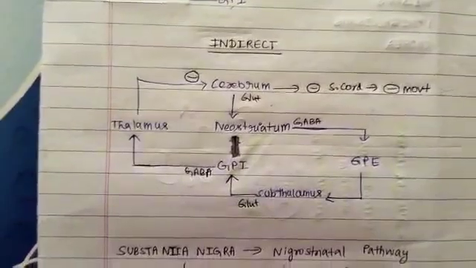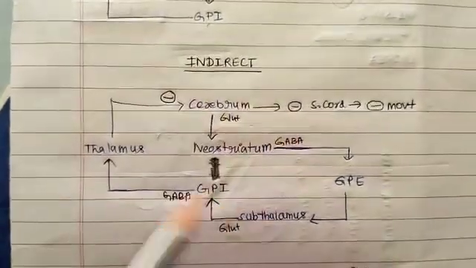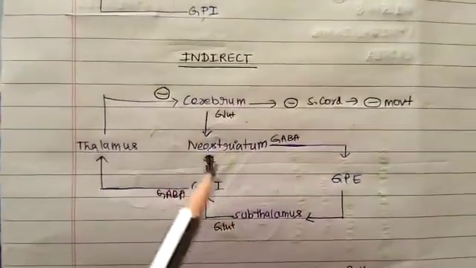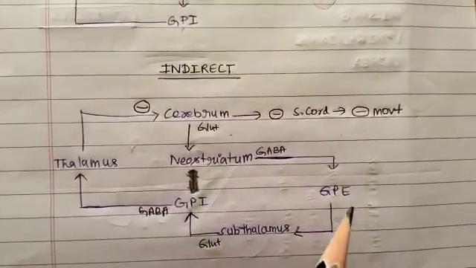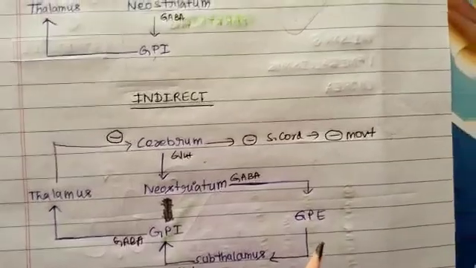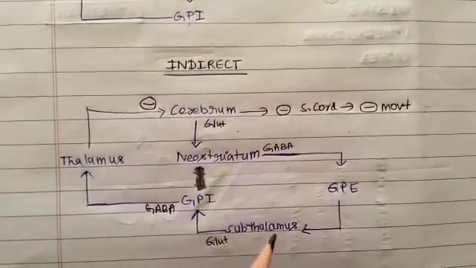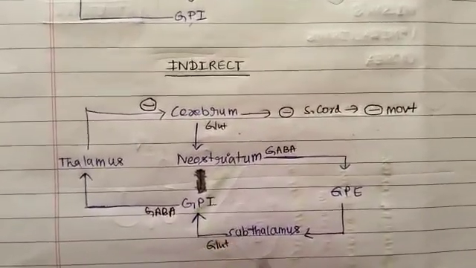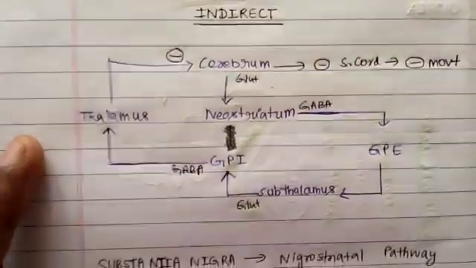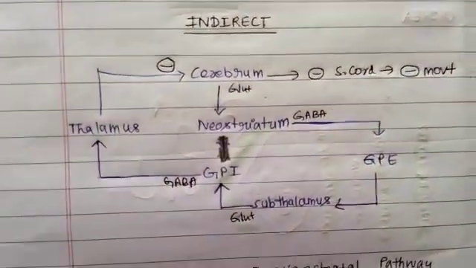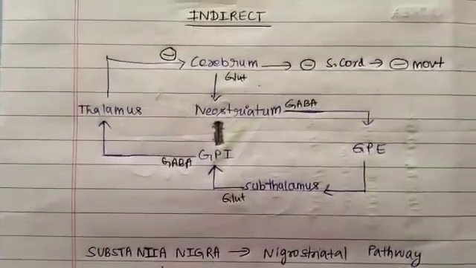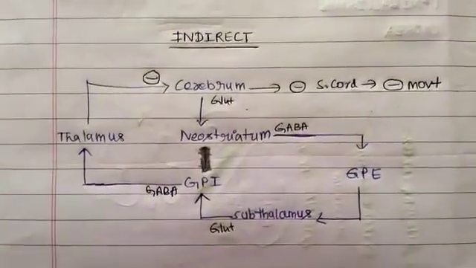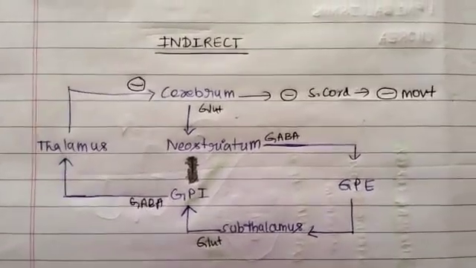Coming to indirect pathway. You write the same thing as direct pathway, but here you just scratch it. From neostriatum it will enter into globus pallidus externus first. Then it goes to subthalamus, then it will come to globus pallidus internus. Same thing. You want to go to a party, but your basal ganglia says no. Now you are not in a position to go to the party, so you don't want to go.